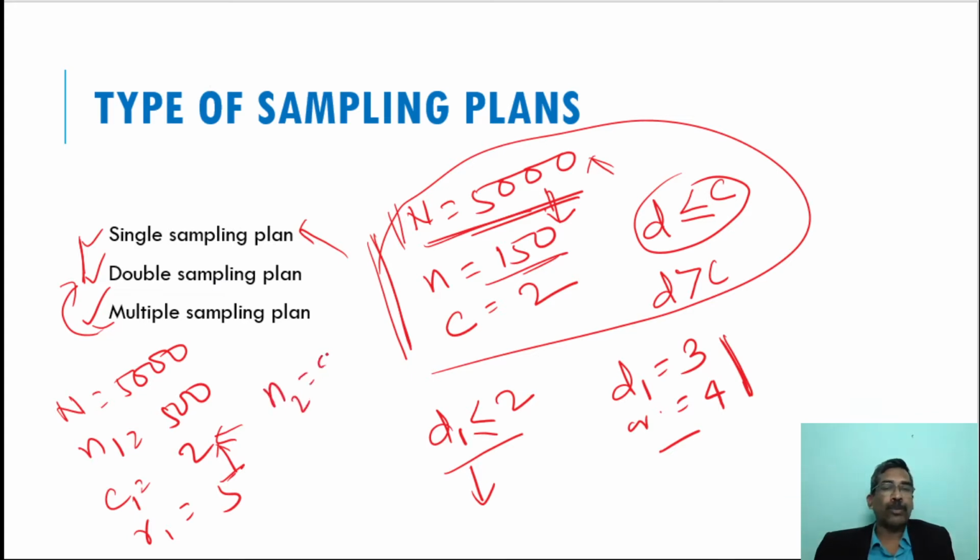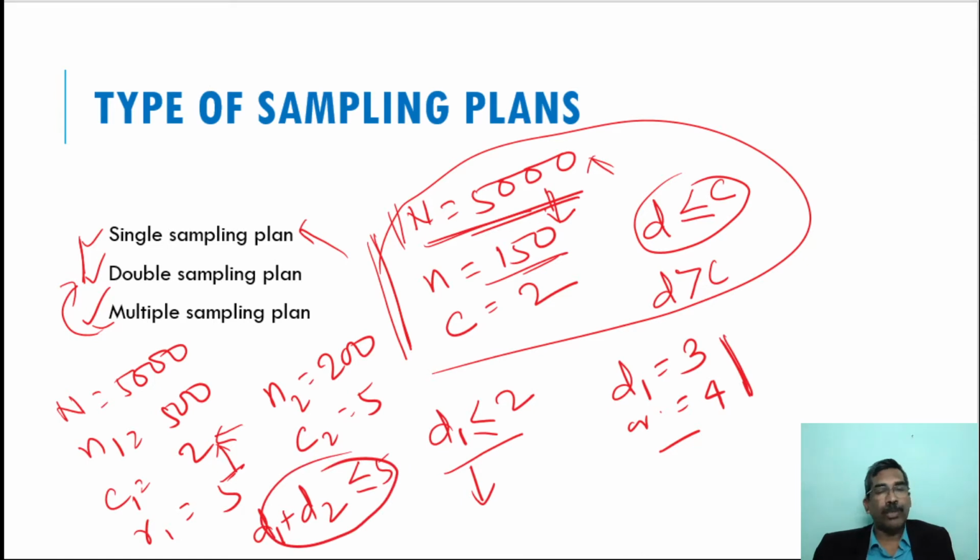N2 may be, suppose, 200. Then we can decide that suppose C2 equal to 5. Then the total number of defectives, that is defectives in the first sample plus defectives in the second sample, must be less than or equal to 5. Then the entire lot will be accepted, otherwise the entire lot will be rejected.